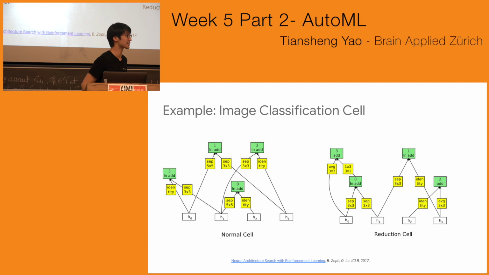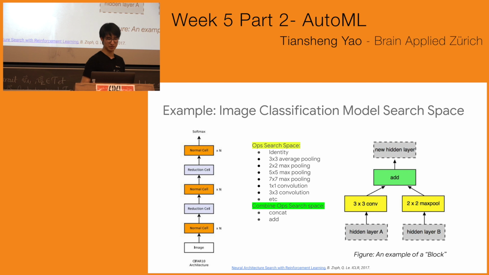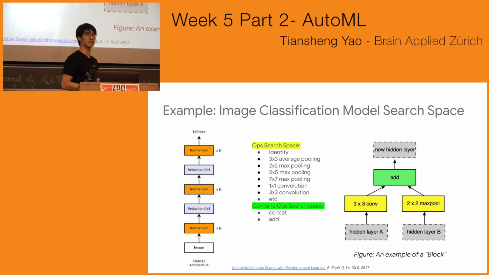Oh, what is the hidden state? So let's go back to here. The question is, what's the hidden state? A hidden state can be either the raw input image or the representation that Andre talked about in a previous cell.